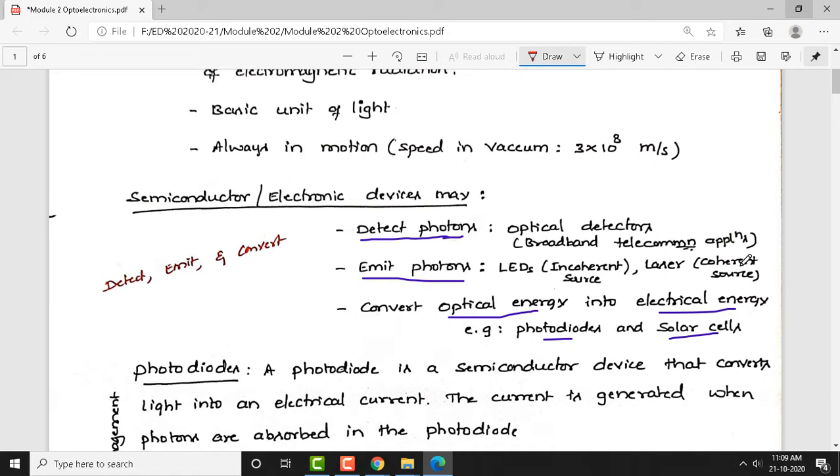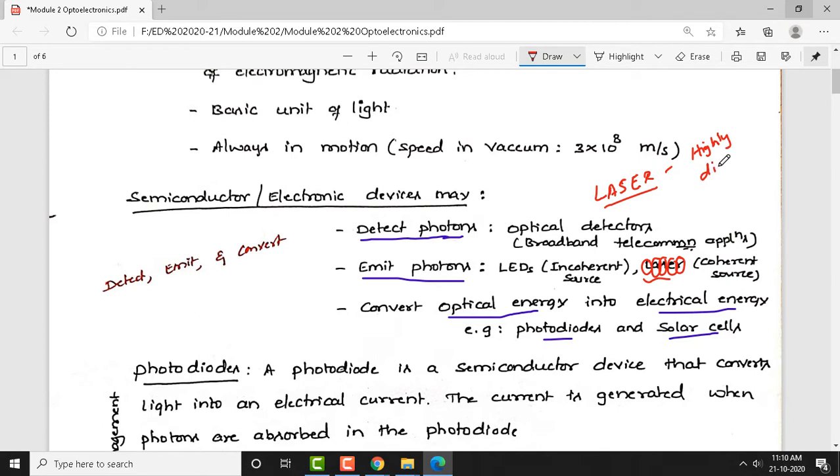Exactly. Laser stands for light amplification by stimulated emission of radiation. If you expand this, L stands for light, amplification by stimulated, E stands for emission of radiation, so L A S E R. These lasers are basically highly directional.